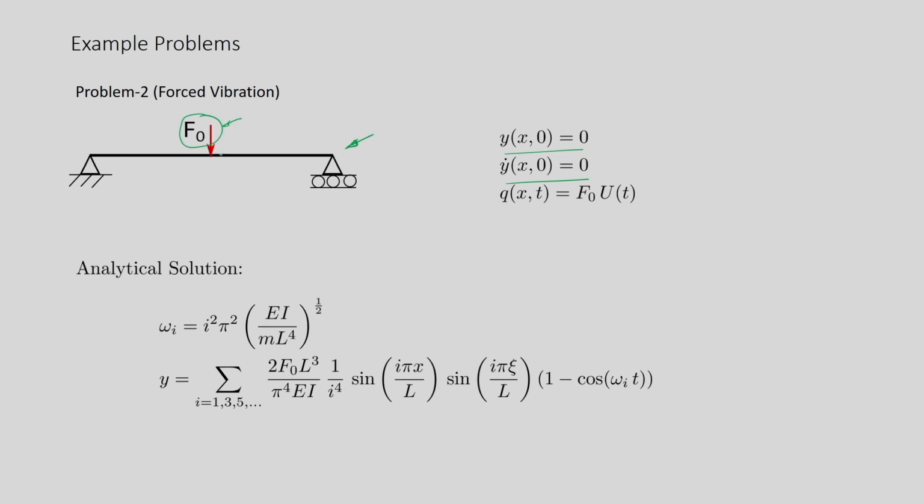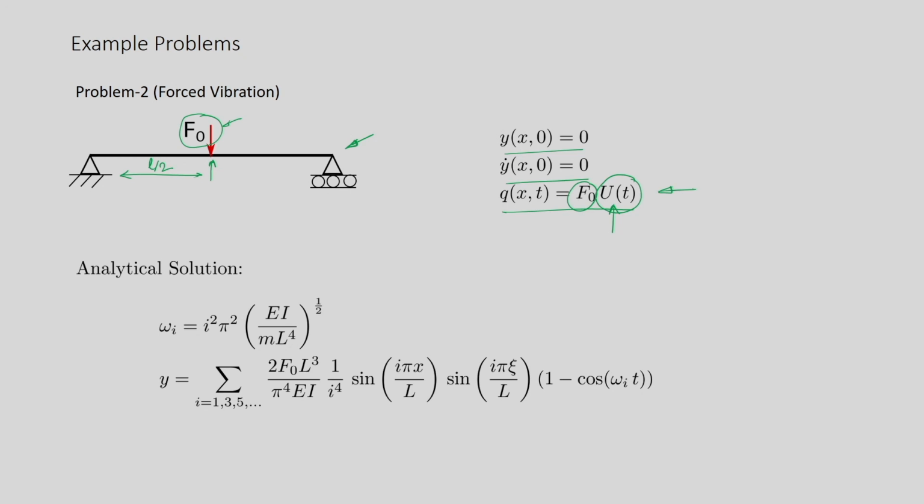In this case it is a concentrated load at the middle of the beam, at x equal to L by 2, where we applied a unit step force, F naught times a Heaviside function. This is a unit step function: at t equal to t naught and onwards it is 1, and before t naught it is 0. Because of this external excitation, we are interested in simulating the subsequent motion of the beam.